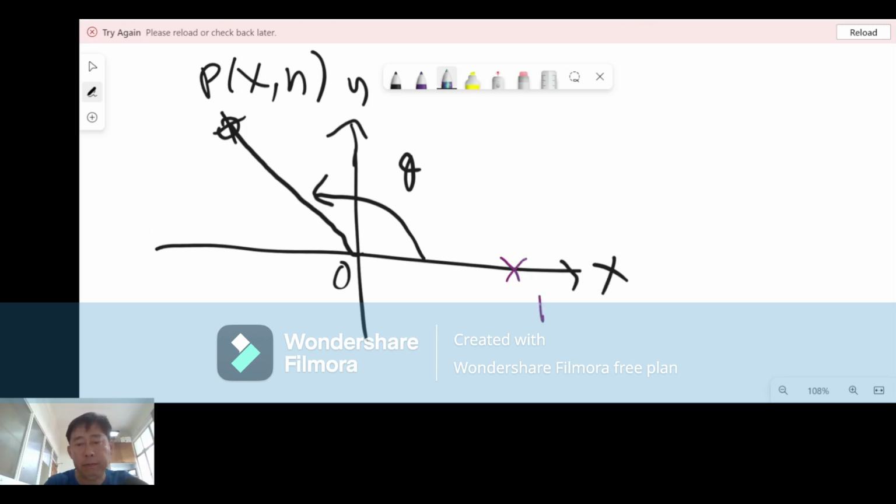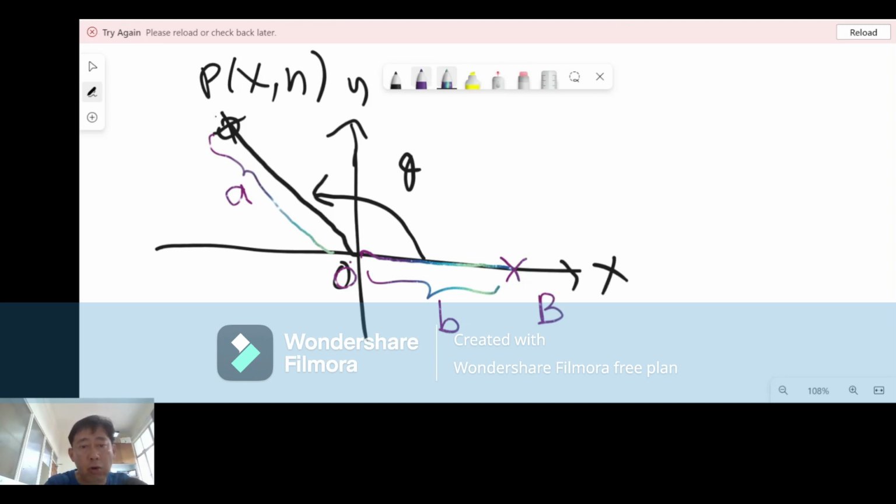I'll just call this point B. And the point B is made to lie on the positive direction of x, so that the line from 0 to B has a length of B. And then I'll call the length from 0 to P the value A. So here A and B refer to the lengths of OP and OB respectively.